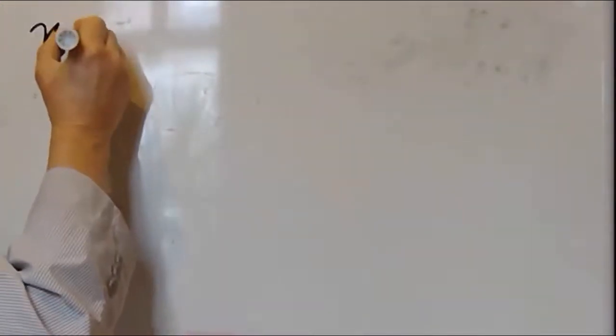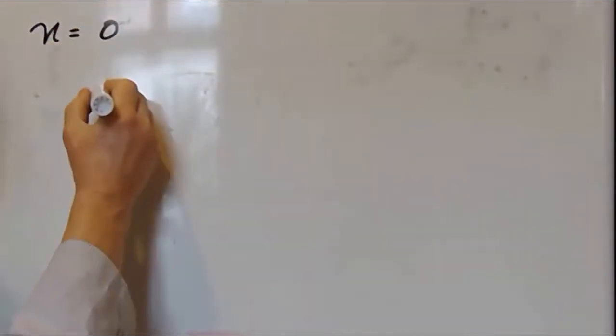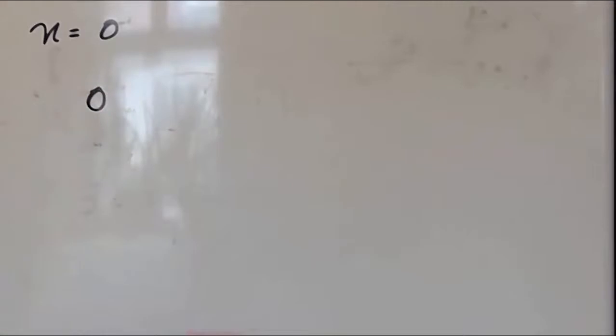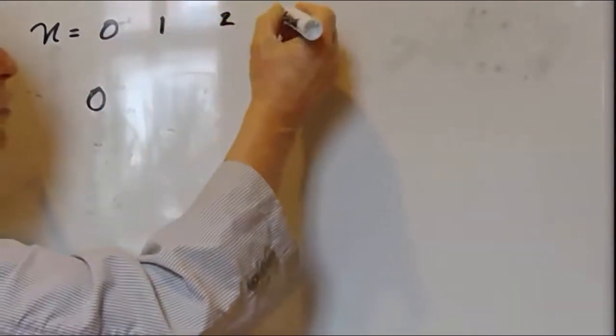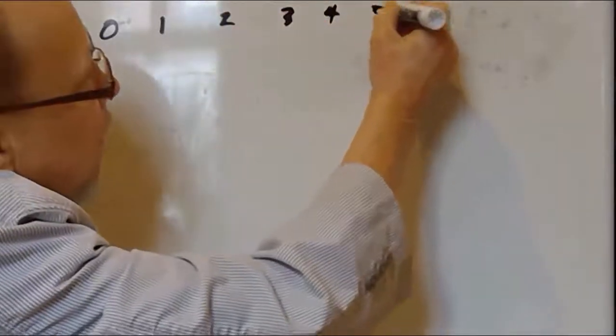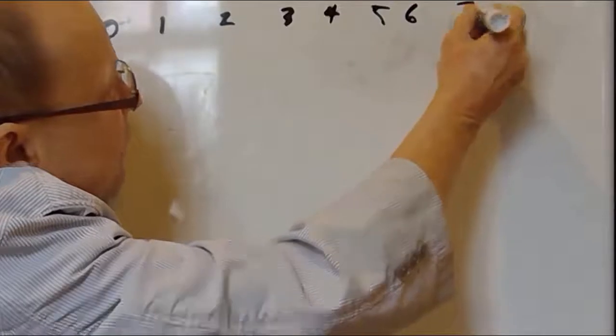We start off with n, and we start off with 0, and in our case we'll say 0, 0. And then we'll go 1, 2, 3, 4, 5, 6, 7.